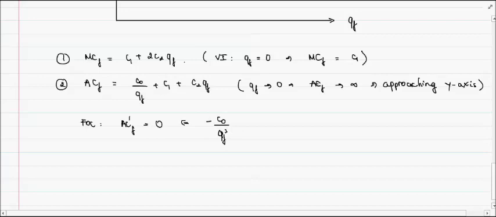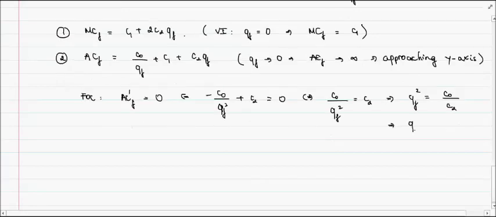The differential of C1 is 0, and the differential of C2 QF is C2. I make this equal to 0. Solving this equation, I get C0 on QF squared equal to C2, so QF squared equals C0 on C2, and therefore QF is equal to the square root of C0 on C2.